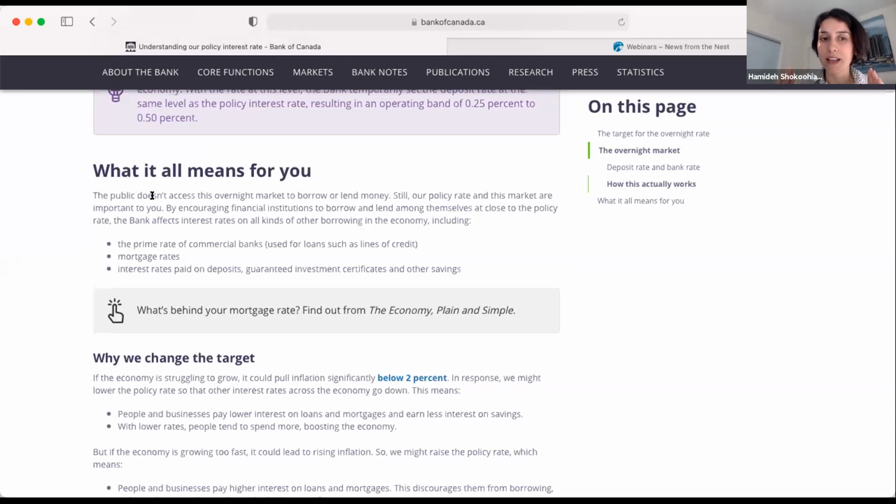So it's one important sentence here that tells them that the policy interest rate that they are about to learn more is related to the mortgage rate that their families pay. So they become more engaged. We are gonna learn something cool. We are gonna know that something that we have answered for our parents when asking us, how do you think our mortgage rate will change? We have something to intellectually say.